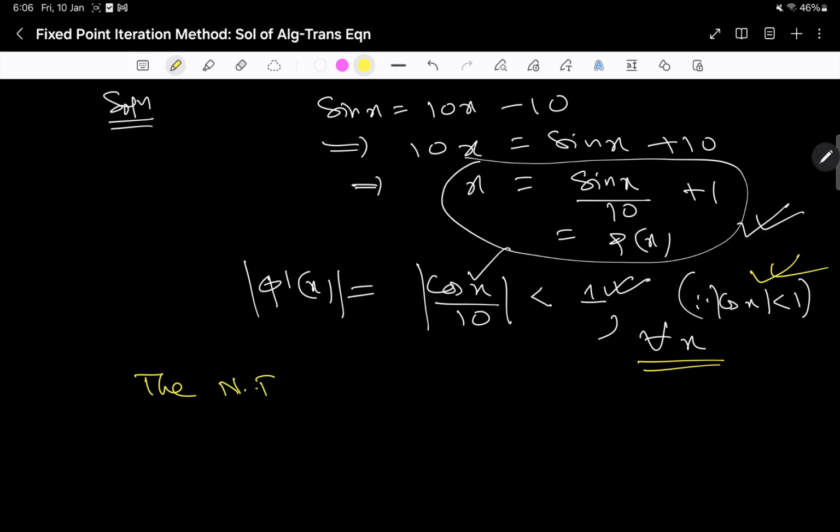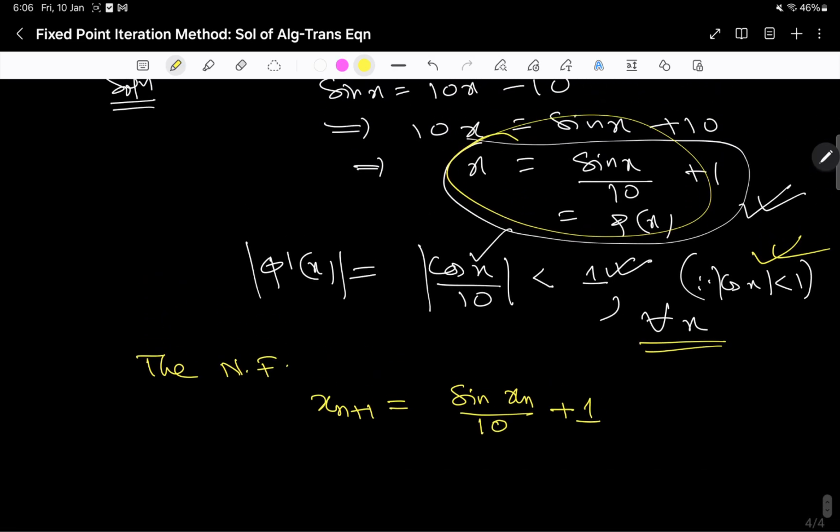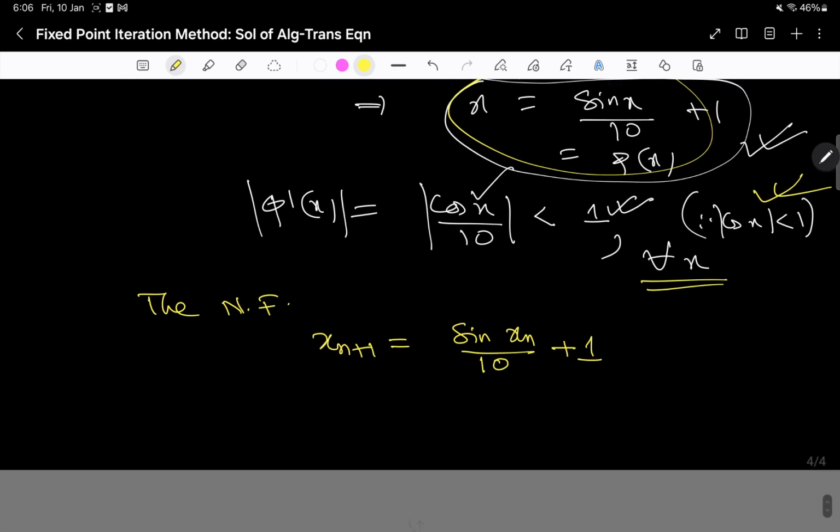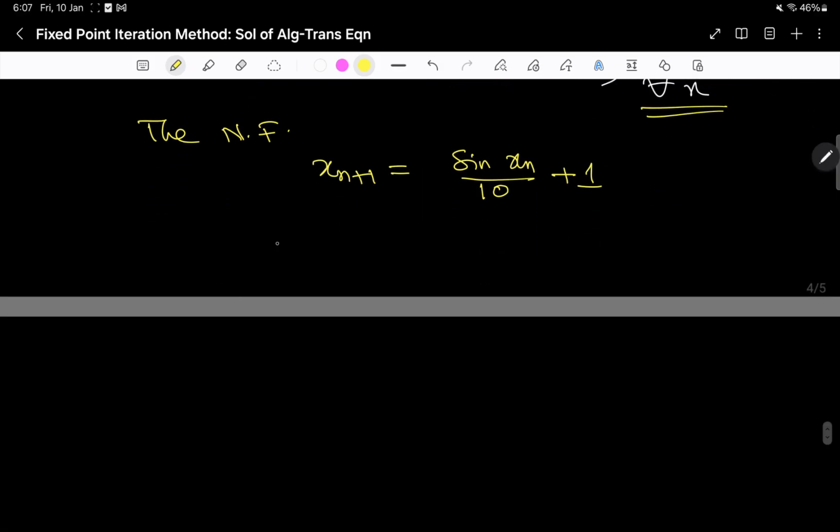The iteration formula is x(n+1) is equal to sin xn by 10 plus 1, where n is 0, 1, 2 and so on.